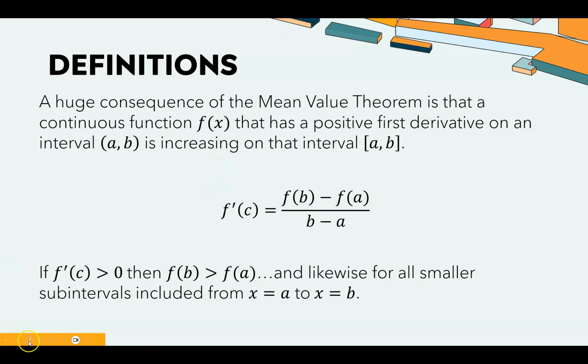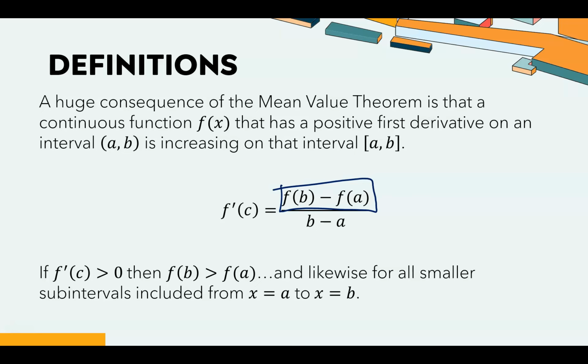If we have a continuous function and we have a positive first derivative on the interval, right? So we're like, hey, this thing's positive. Well, what must be true is that f of b minus f of a, or the y value at the end minus the y value at the beginning of the interval, that would be a positive difference.